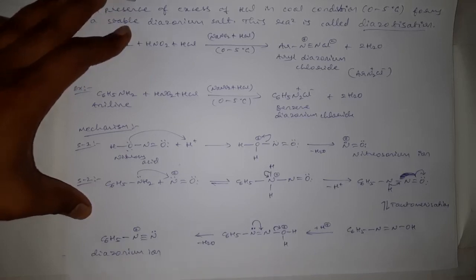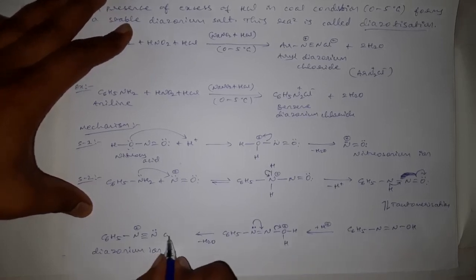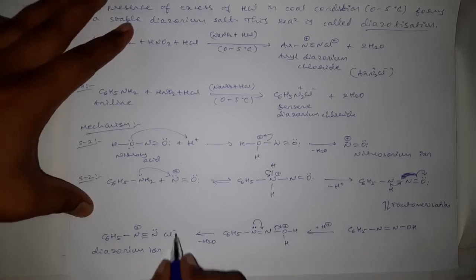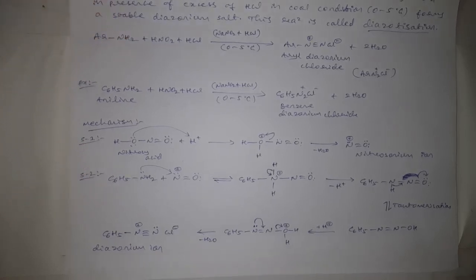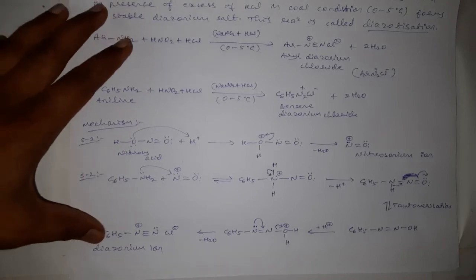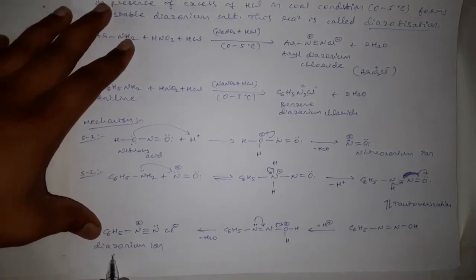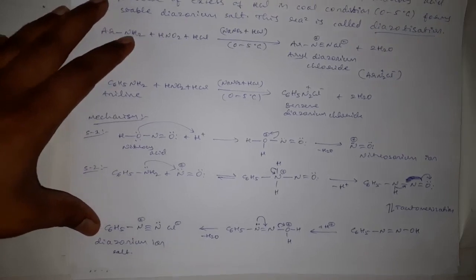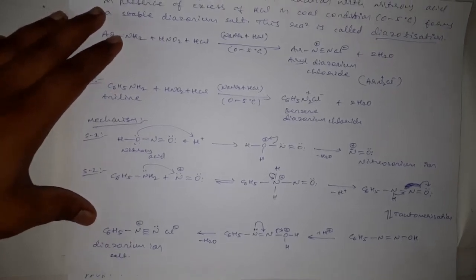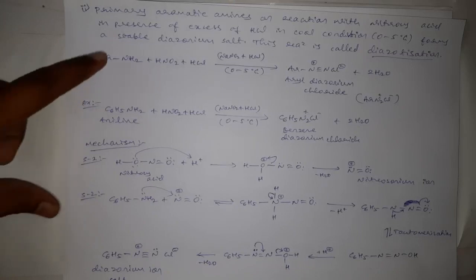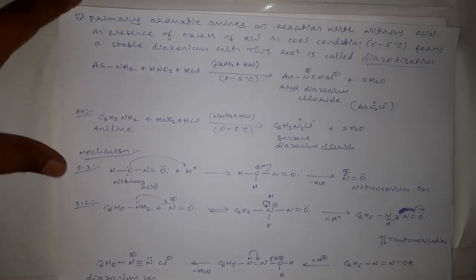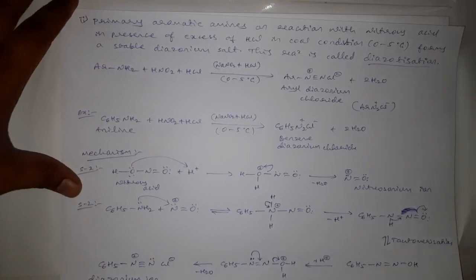This diazonium ion will now combine with Cl minus from the HCl, which is present in a reaction medium, to form diazonium salt. This is all about the reaction mechanism for the reaction of primary aromatic amines with nitrous acid.